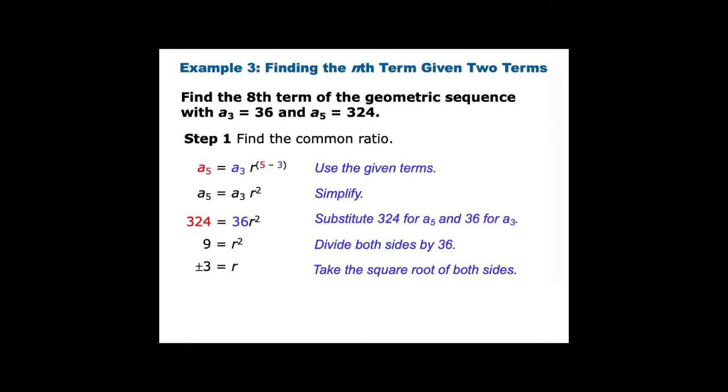And then a sub 5 equals a sub 3 times r to the second power. And then 324 equals 36 times r squared gives you 9 equals r squared. Then you take the square root of both sides and you get plus or minus 3 equals r.